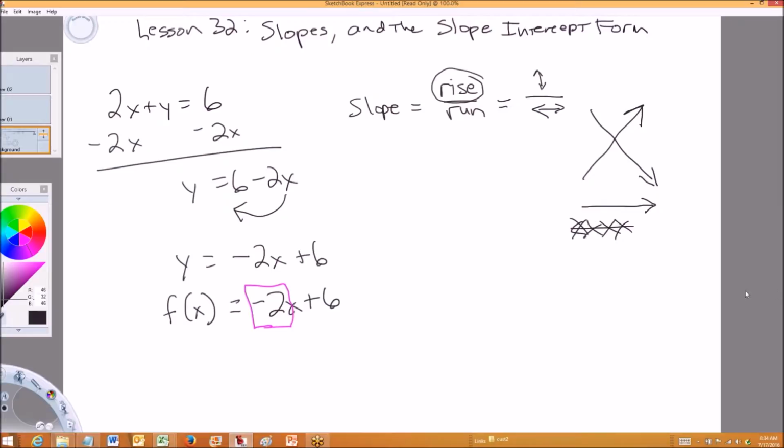Run is always positive. In our case, with a slope of -2, that means it changes vertically 2 placements for every 1 placement horizontally. So it's a 2-to-1 ratio. The line changes 2 placements vertically for every 1 placement horizontally, and we know it changes in the down direction.